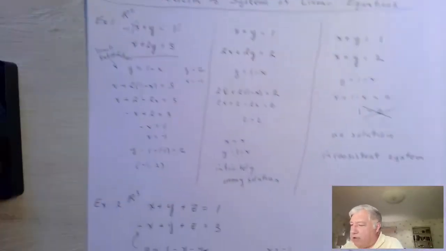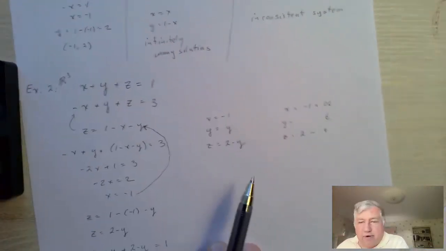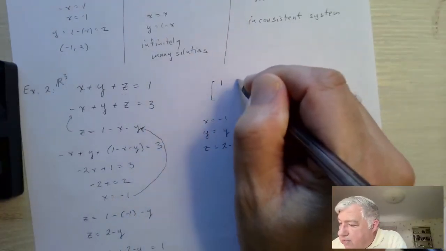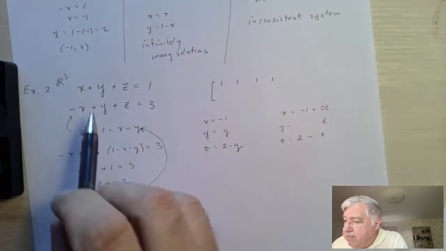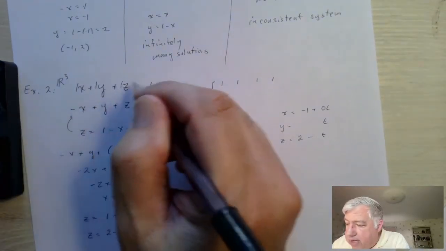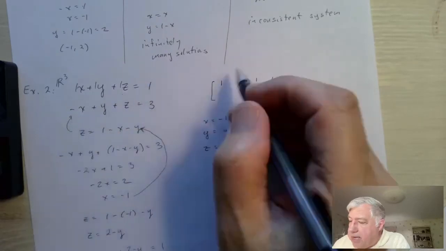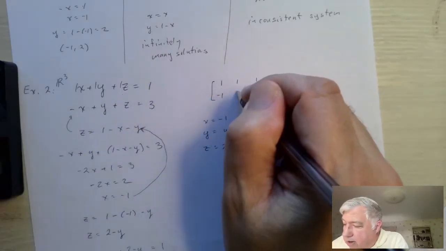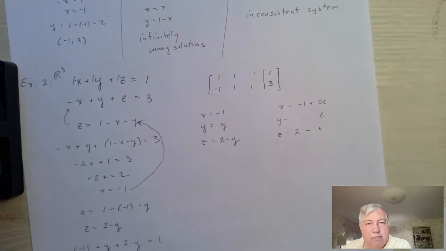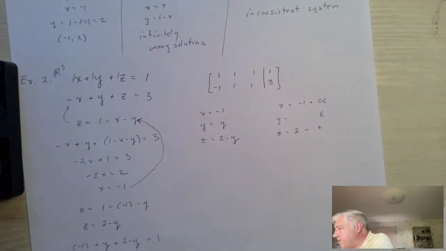So just to go back and look at our examples, let's say, for example 2, the augmented matrix would consist of 1, 1, 1, 1, because this is 1 times x, 1 times y, 1 times z equals 1, and this would be negative 1, 1, 1, 3.